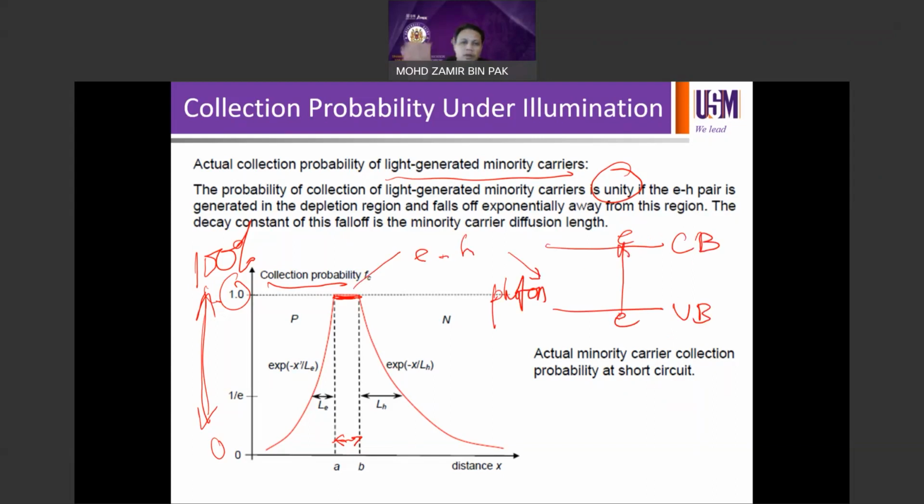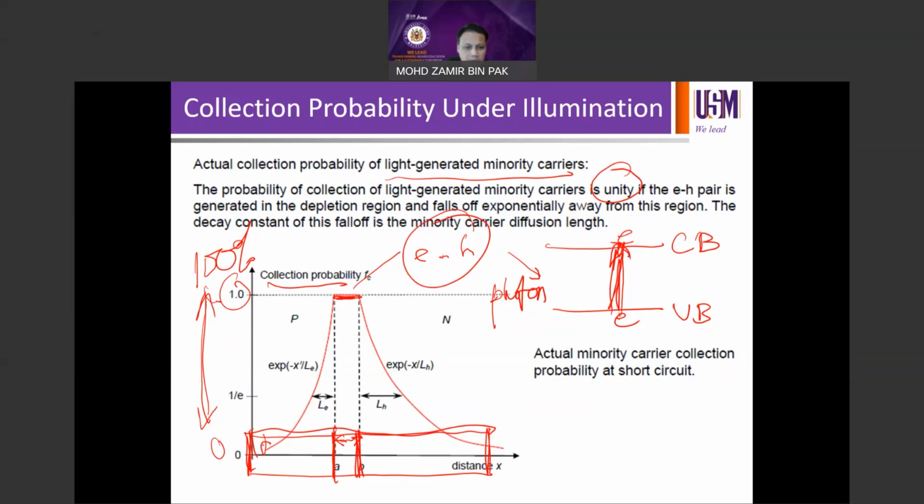This is the sketch of photo generation. The moment the light is absorbed by the semiconductor and the valence band electron is excited into conduction band, then so this generation process is this creation of electron hole pairs, as we discussed last time. And if this happens within the material, within the central part, you might want to sketch this as a PN junction as well, for example, so that you can get a better picture.